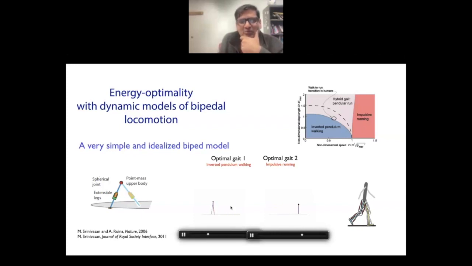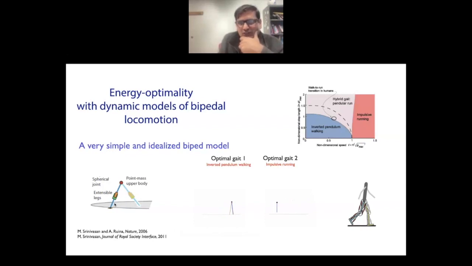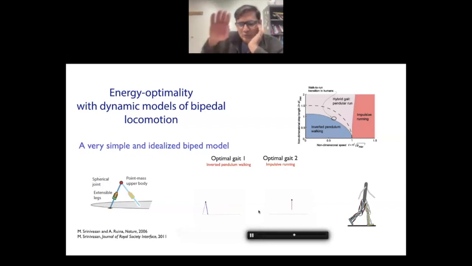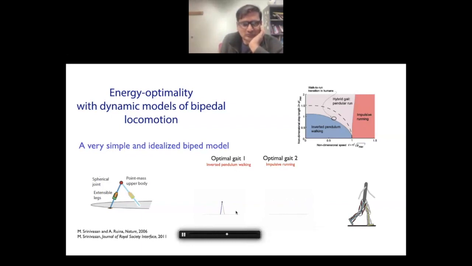And these are optimal if you do not specify a maximum force. In other words, you allow the force to go very high. This convenient mathematical limit produces these simple models. And then if you enforce force limits, you get more compliant looking gaits, both for walking and running.